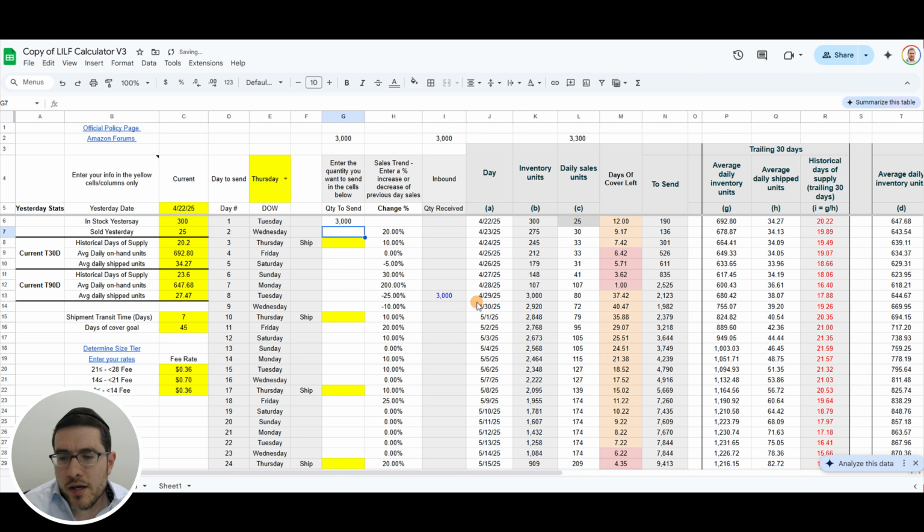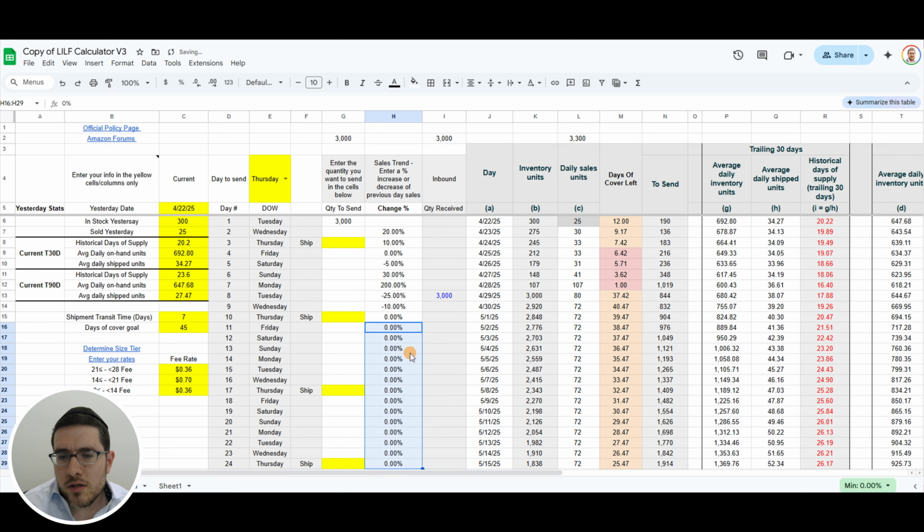All right, so now based on these numbers, you know what to do. At this point, say you're holding here. Now you want to know, okay, I think I'm going to continue selling about this amount going forward. I'm going to continue selling about 70 a day. So what should I do now? Today is Thursday. What should I do?